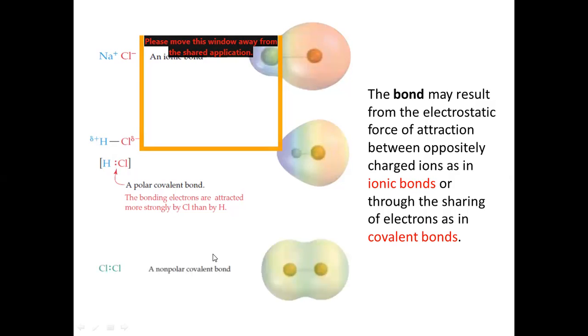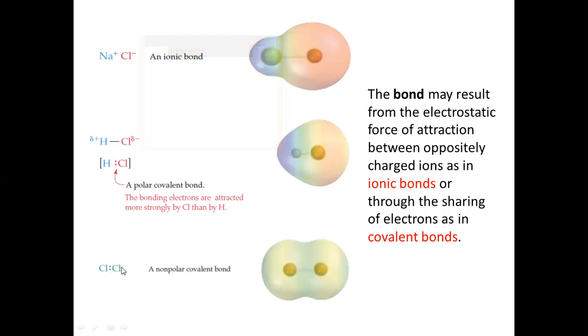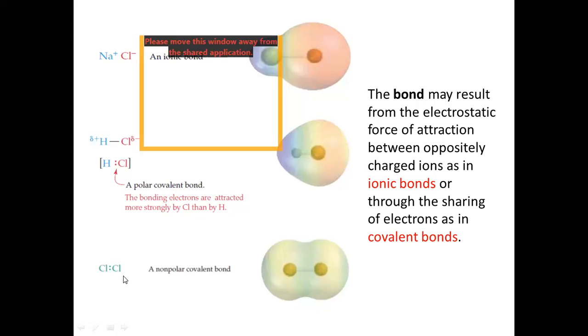And there is another covalent bond that is called the non-polar covalent bond, and both are covalent bonds, because in these two bonds, the bond is formed by the sharing of an electron from each of the atoms. One electron is shared by one chlorine and one electron is shared by the other chlorine. So one bond is formed over here, and that's why this is called the covalent bond.